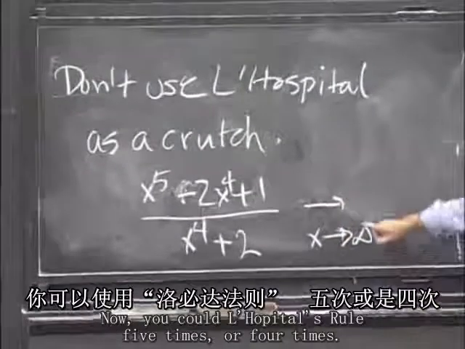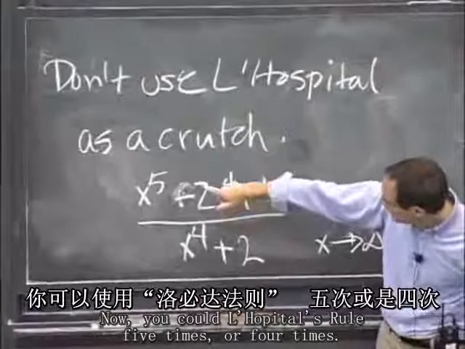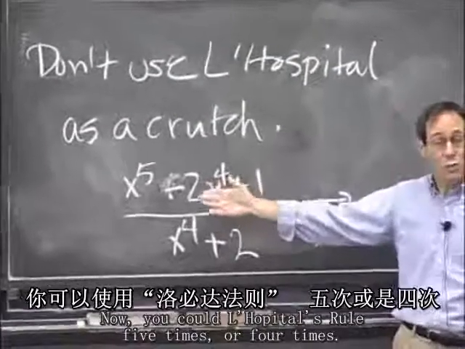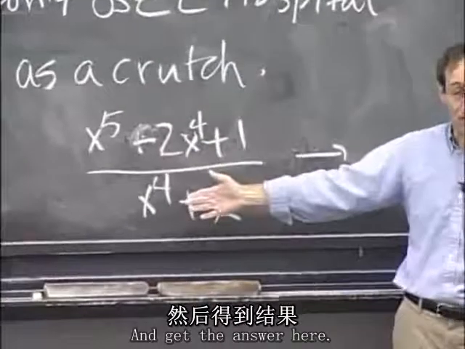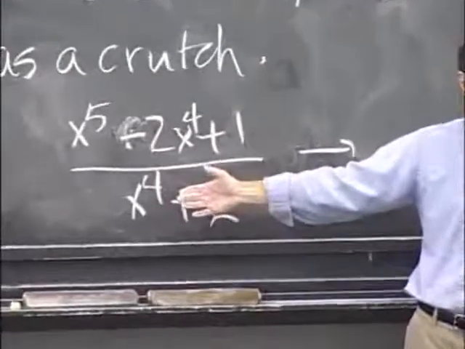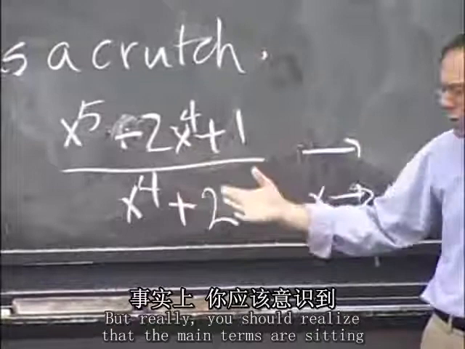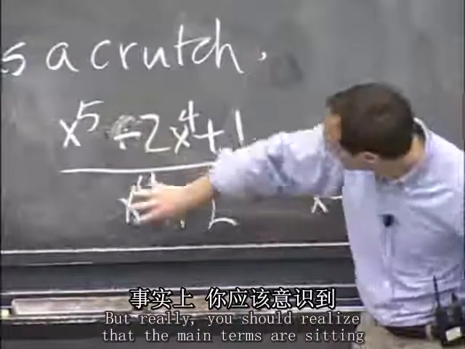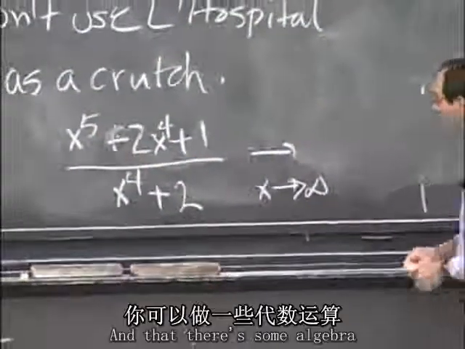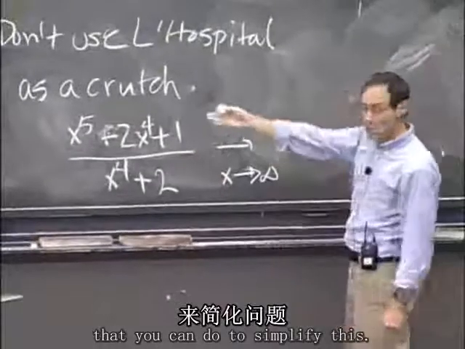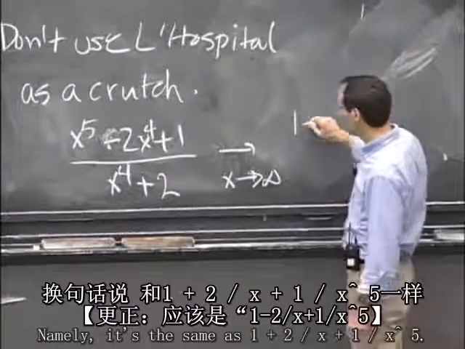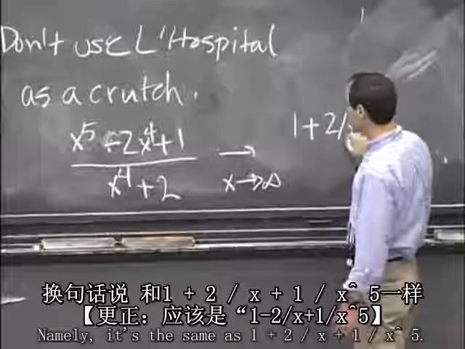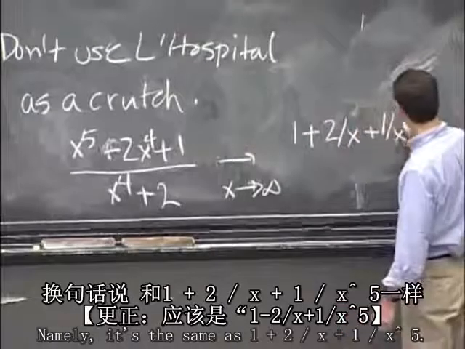Now, you could apply L'Hopital's rule 5 times or 4 times and get the answer here. All right? But really, you should realize that the main terms are sitting there right in front of you and that there's some algebra that you can do to simplify this. Namely, it's the same as 1 plus 2 over x plus 1 over x to the 5th power.